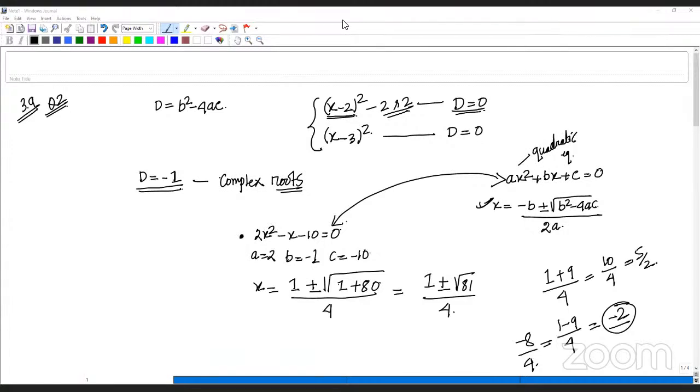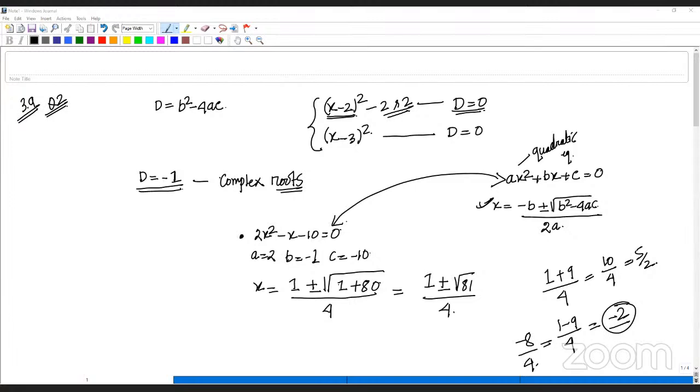Actually, if I want to form an equation like that, sometimes we use that formula, x square minus sum of roots x plus product of roots, and sometimes we use minus b by a in place of the sum of roots. So will both be equal, sir? That is my doubt.